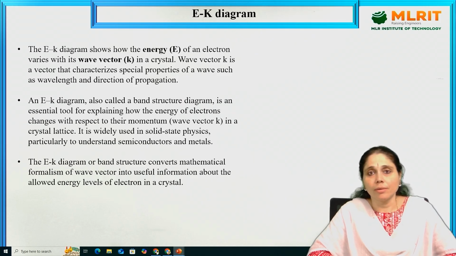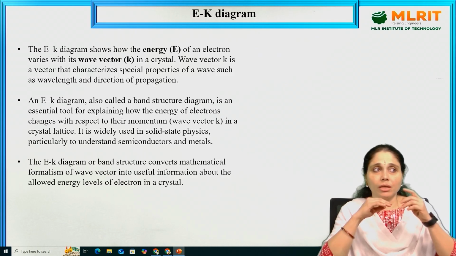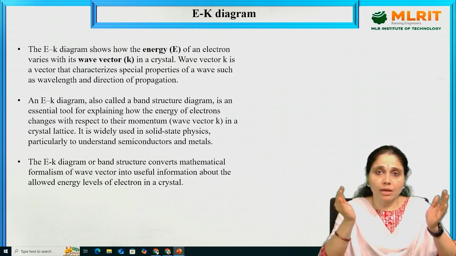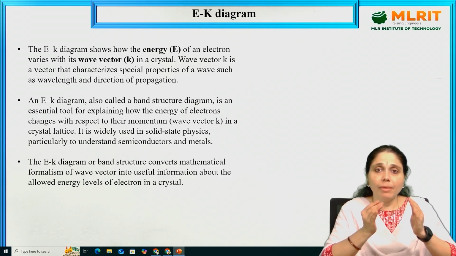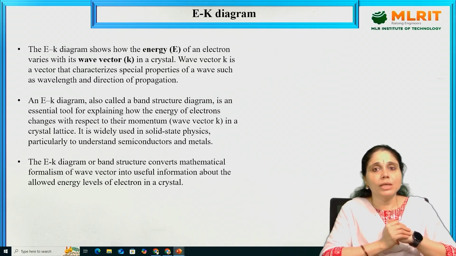Now, where does the electron move, in a particular atom or in a crystal? We will see how the electron moves, and how the combination of energy bands results in forbidden gaps, through this EK diagram.